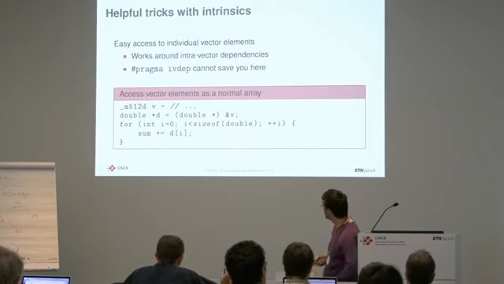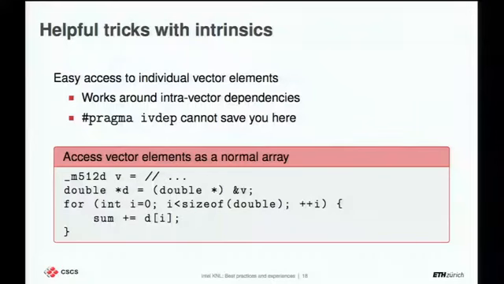Another useful trick is that you can treat a vector type with a fancy cast, and then you can work on it like normal doubles or floats. So if at some point you're going to go through each vector element individually, this would work.